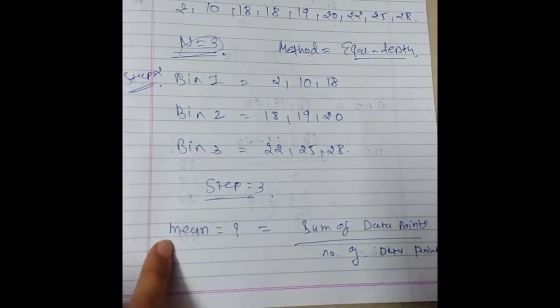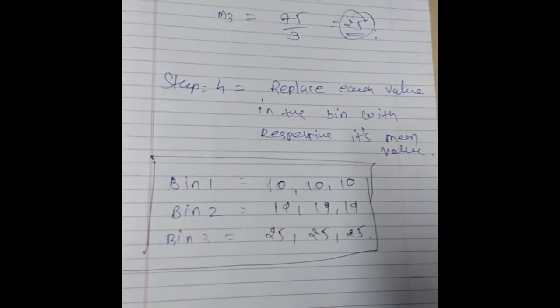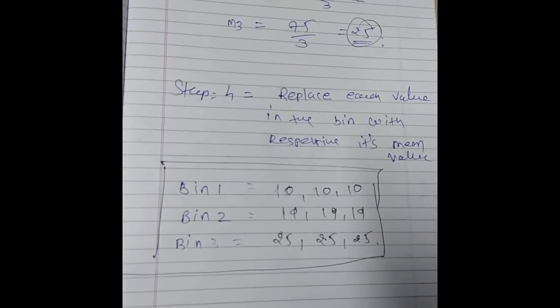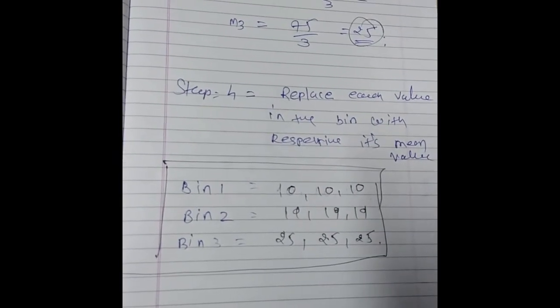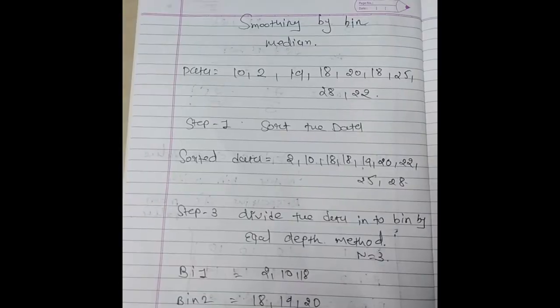Third is to calculate the mean of each bin. And the last step is to replace each bin's value with its mean value. So this is how we can calculate smoothing by bin means.